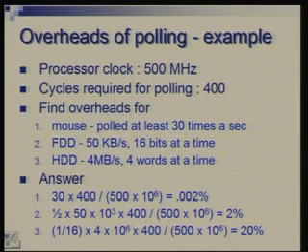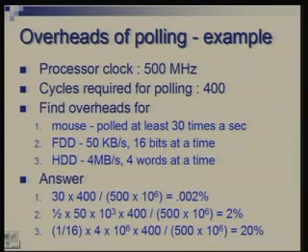As we will see, when you have to poll very frequently, you are wasting a lot of time, and the CPU gets tied up to a significant extent in this polling activity. So, in the first case we are trying to poll at the rate of 30 times a second, and every time we poll we are consuming 400 cycles.